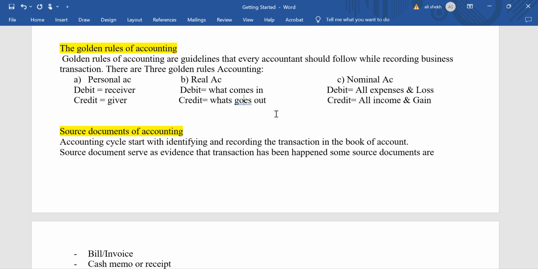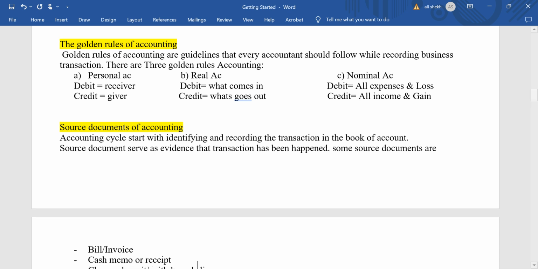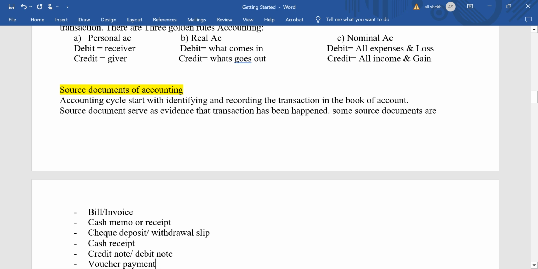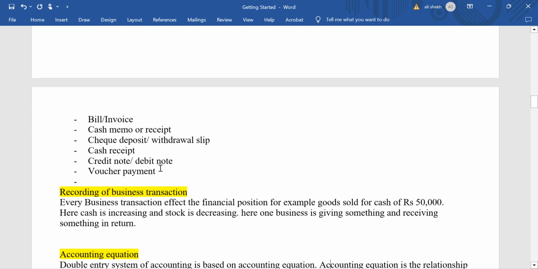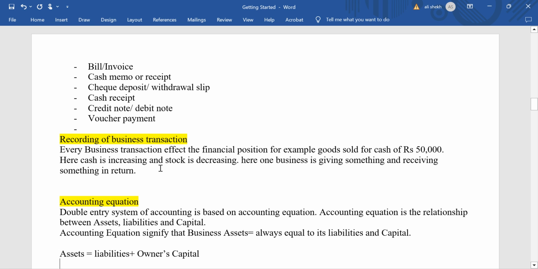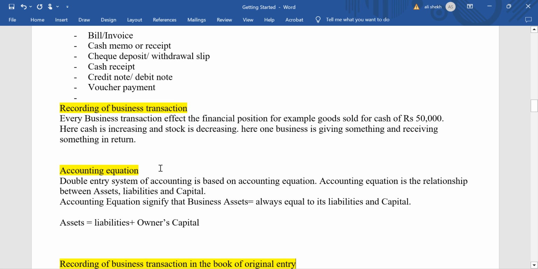Some source documents are, for example, invoice, cash memo or receipt, check, deposit slip or withdrawal slip, cash receipt, credit note, debit note, voucher, payment, etc.